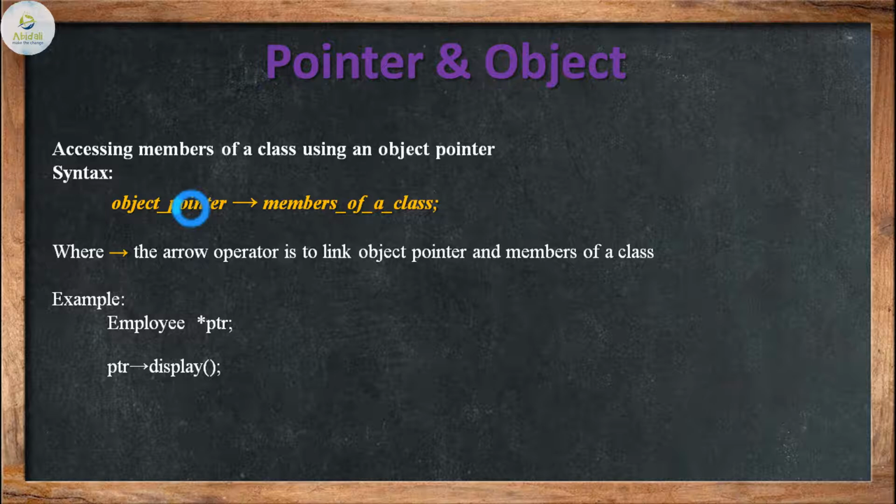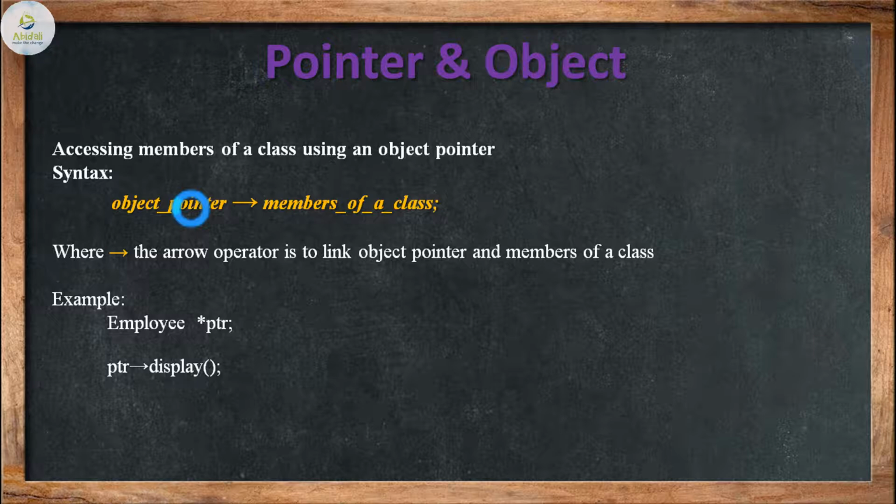So now once the object is created, you know that we can refer to the memory space, the data members and the member functions of the object. Similarly, we can also access the members of the class, that is data members and member functions, by using the pointer object with the member operator, that is the arrow operator, where the arrow operator is used to link the object pointer and the members of the class.